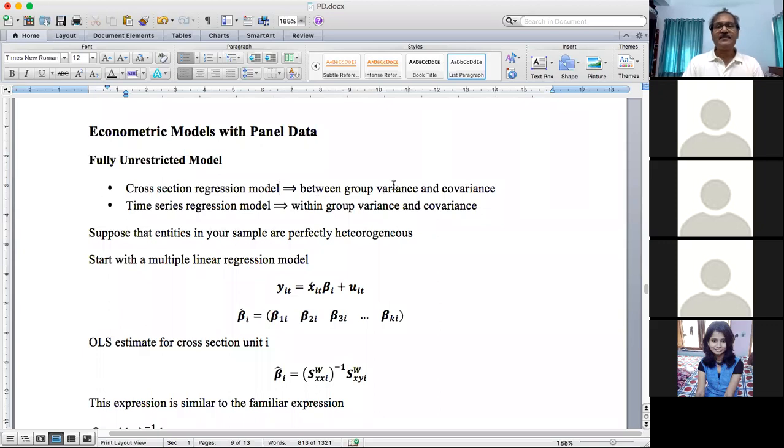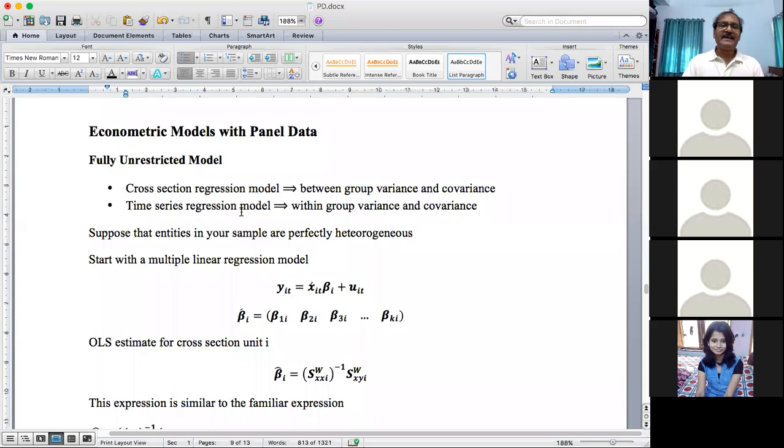So by using between group variance and between group covariance, we can calculate the cross-section regression model. I have already mentioned to find out a regression coefficient, we need covariance measure as well as variance measures. So if you use between group covariance measure, if we use between group variance measure, you can get purely cross-section regression model.